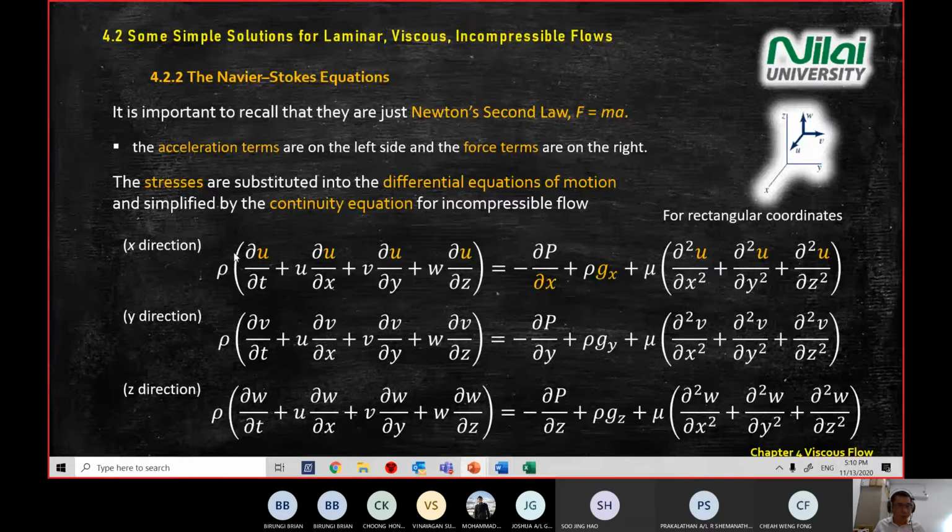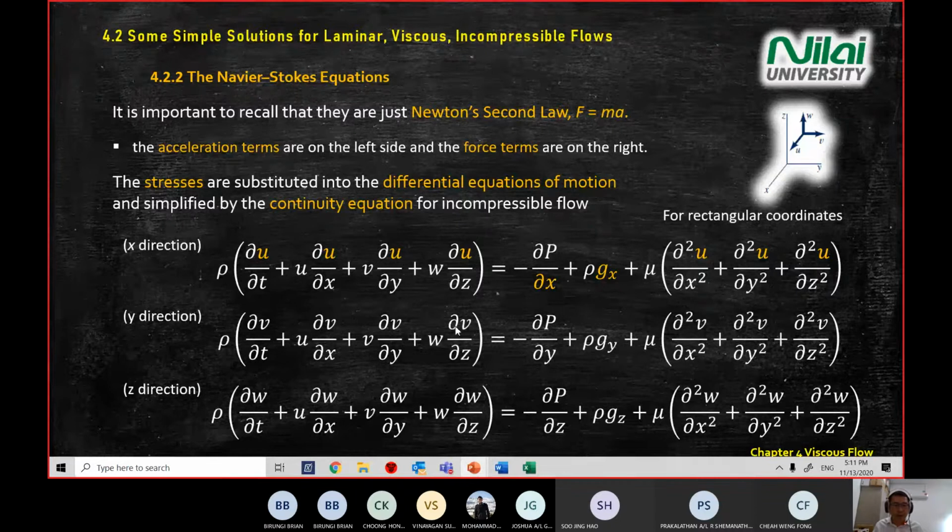So what is important for the Navier-Stokes equation is that the structure is quite similar. What is different is, for example, the x direction. On the left-hand side, the component is u because it's in the x direction. And then on the right-hand side is the derivative in x, gravitational acceleration in x, and also the deformation in the x component u.